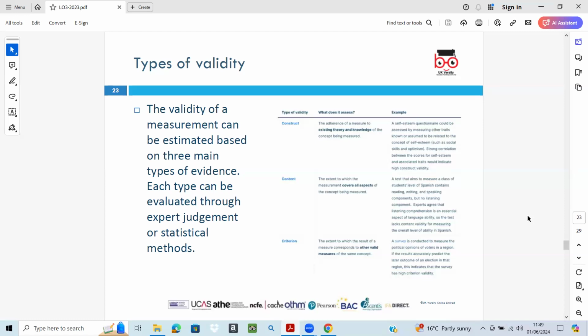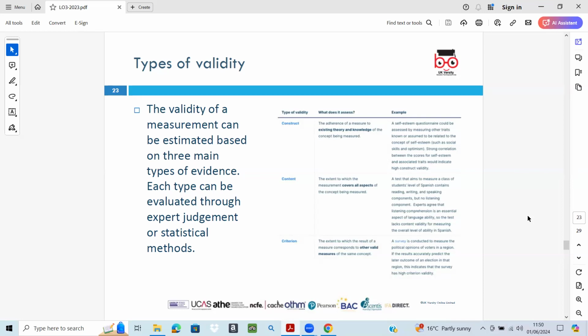The second one we will discuss is criterion validity. So for that one, criterion validity examines how well a measurement tool correlates with a criterion or an external standard that is considered a gold standard for the concept being measured.